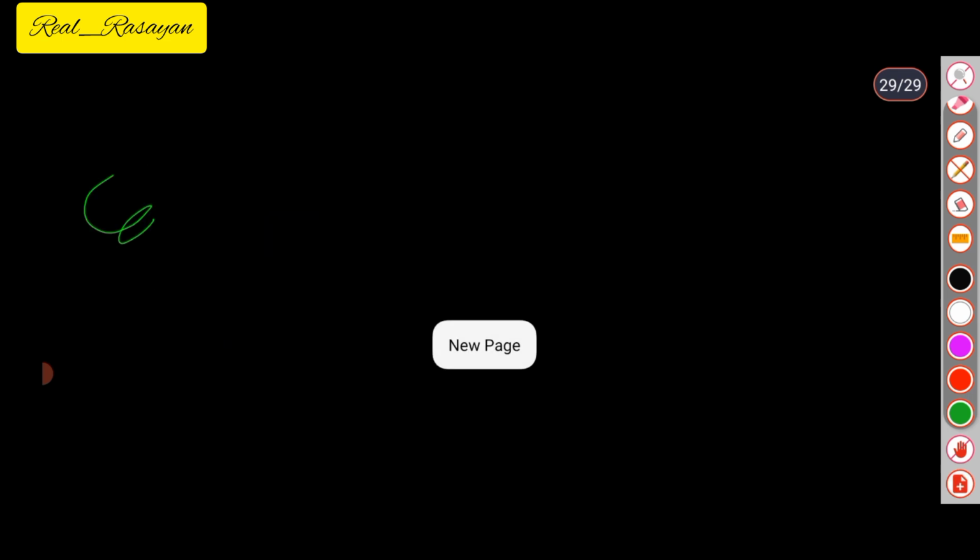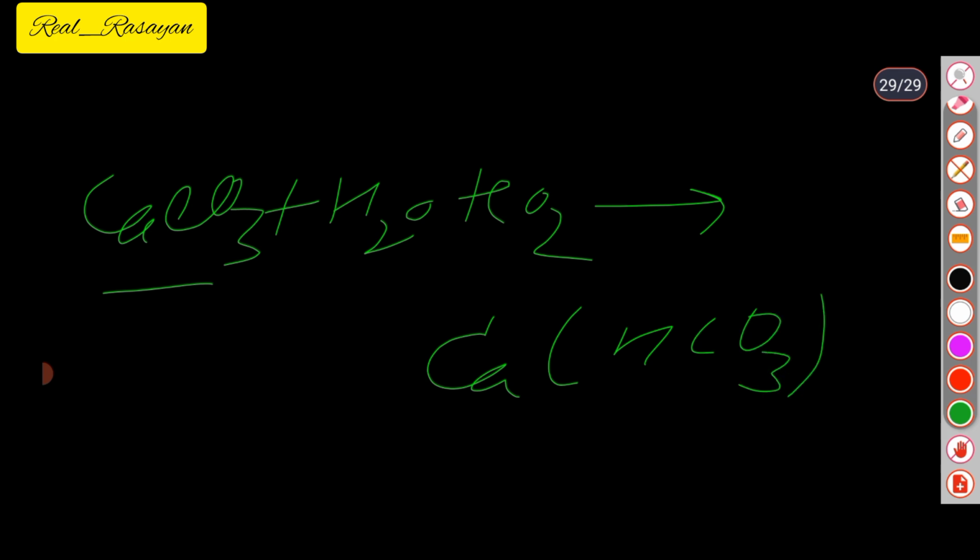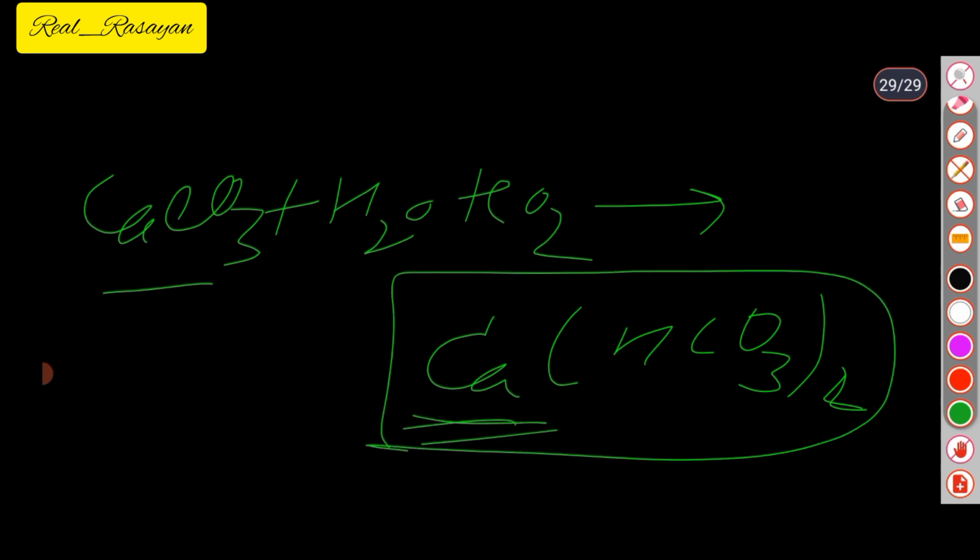And this calcium carbonate reacts with water and carbon dioxide. It will form calcium bicarbonate. HCO3 is bicarbonate and whole twice is due to the valency of calcium being 2 positive. This calcium hydrogen carbonate is soluble in water, but calcium carbonate formed in the previous reaction will not be soluble.